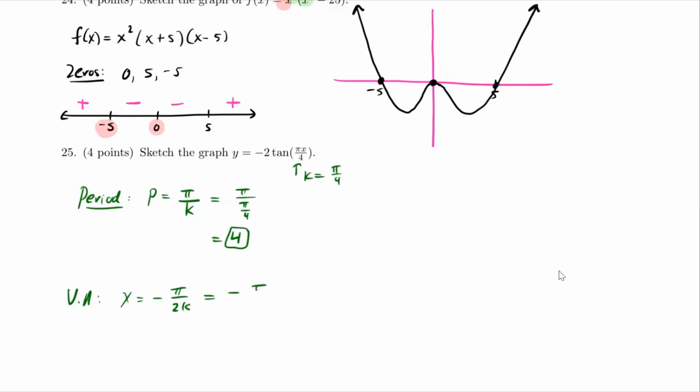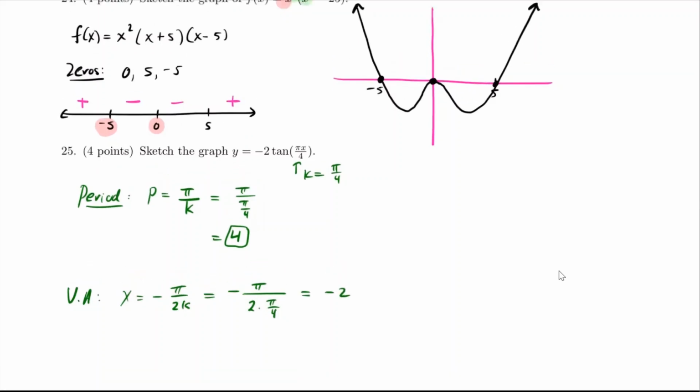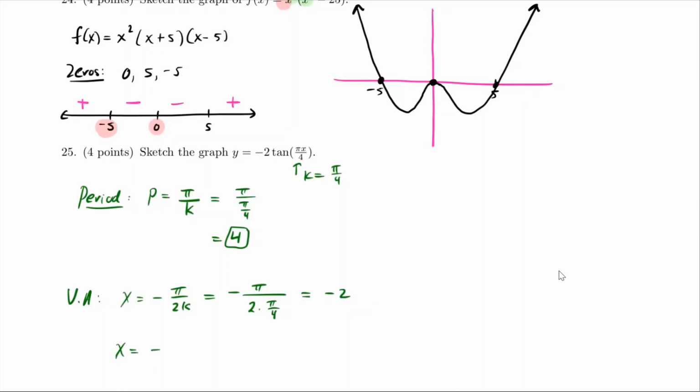This would be negative pi over 2 times pi over 4, because that's our k. And this simplifies to negative 2. And another asymptote will be positive pi over 2 times k. So that will be pi over 2 times pi over 4, which would give you 2. So these are the asymptotes.